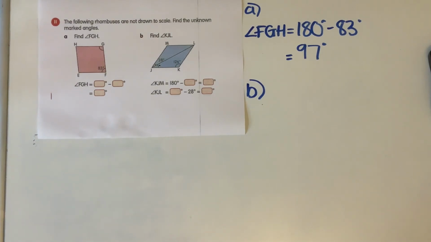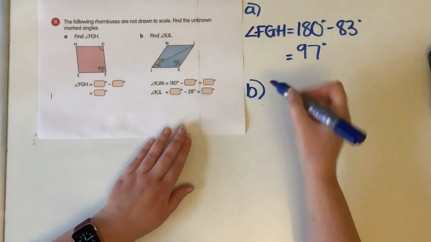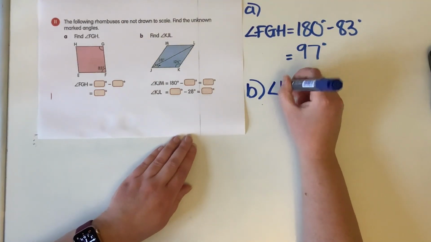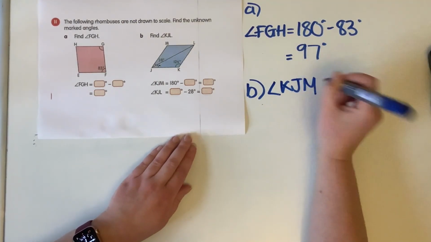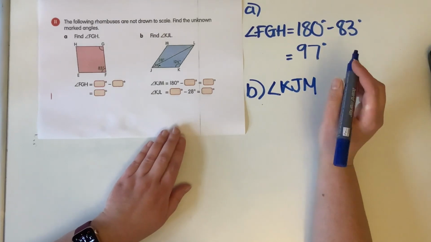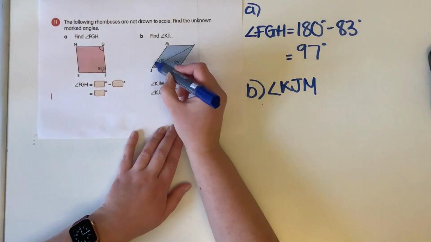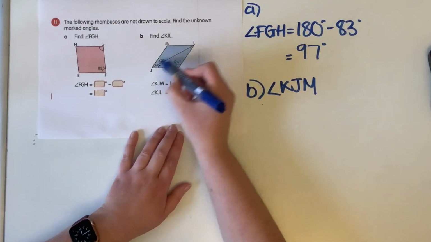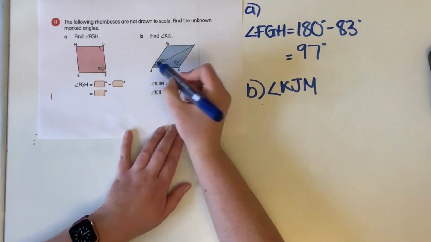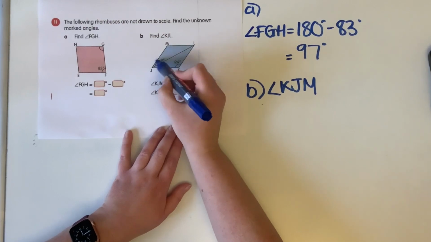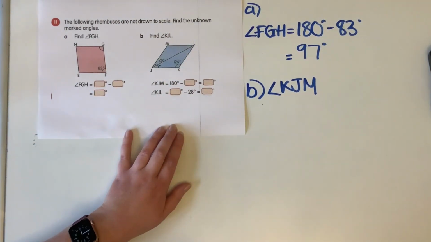So to work that out, what I first of all need to do is work out the angle KJM, and KJM is the whole of this angle here. So we're going to imagine that this line has disappeared, so I'm working out the whole of the angle for KJM.